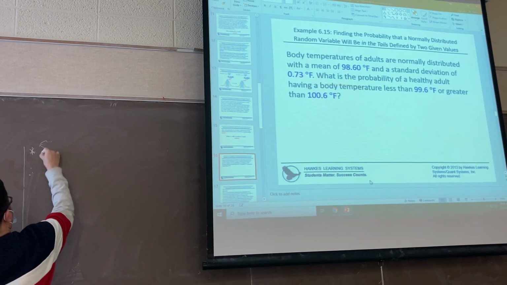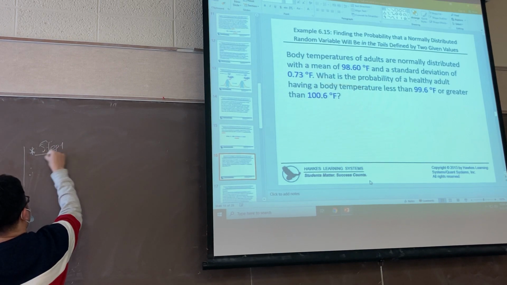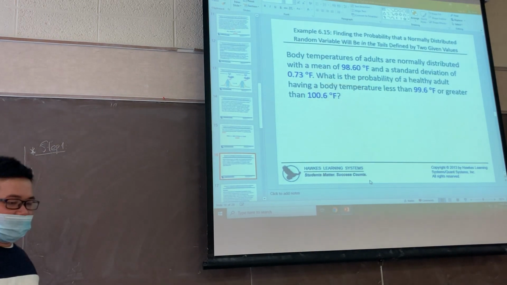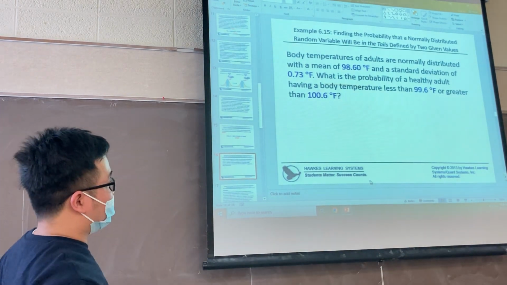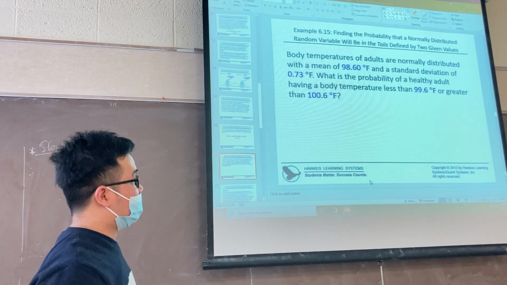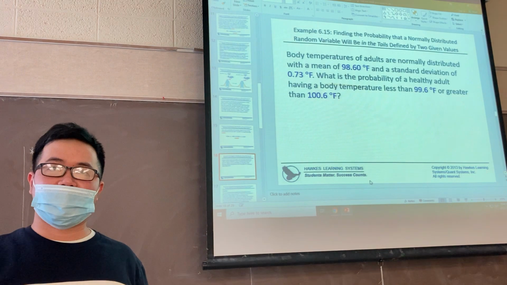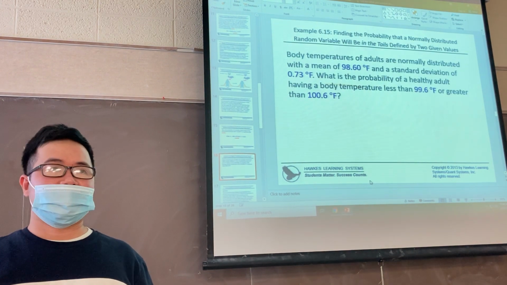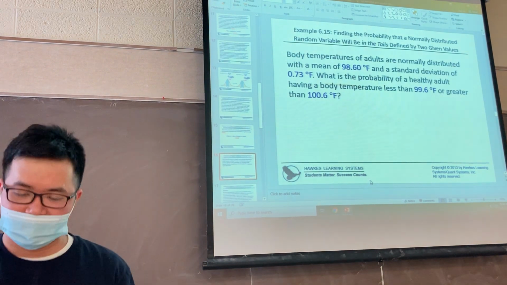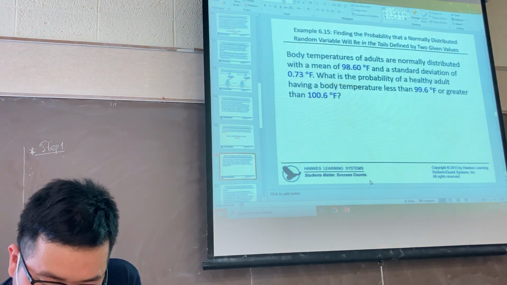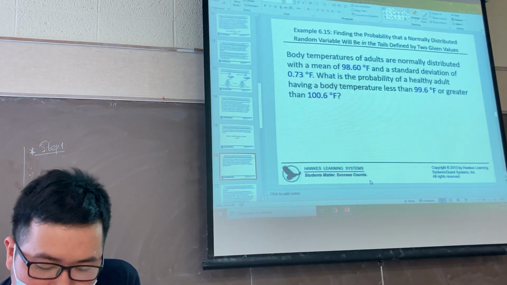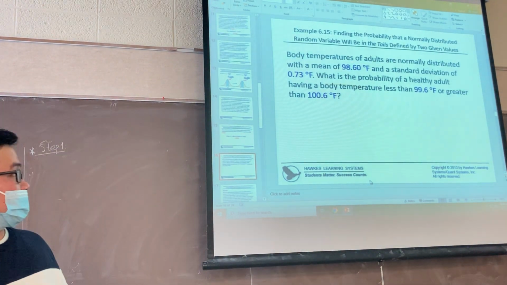So step one. Step one, I will change the x value to z value again. So now we have two x values. Could you tell me what the x values are in this question? Anybody else? Robin, please. The 99.6 and 100.6. Okay, exactly. Thank you.